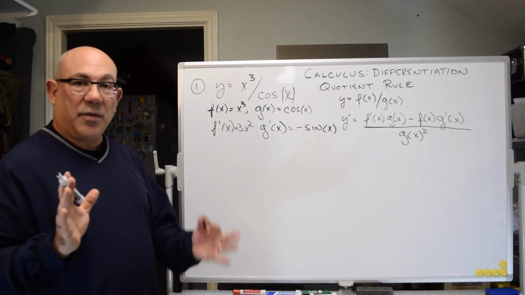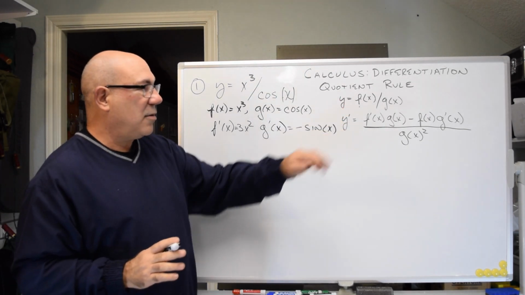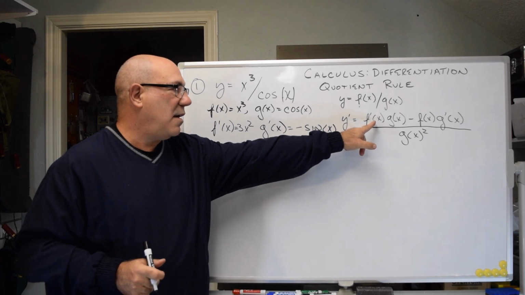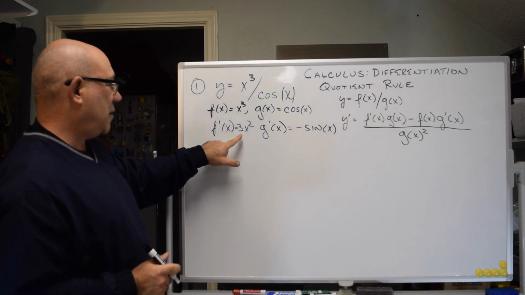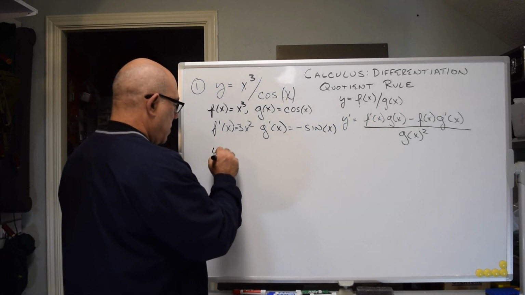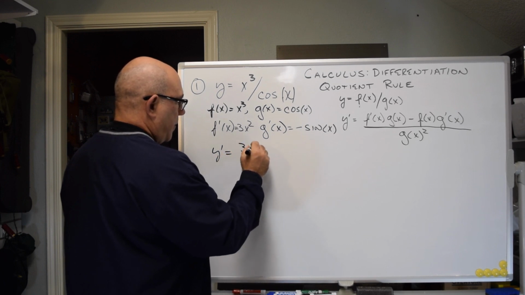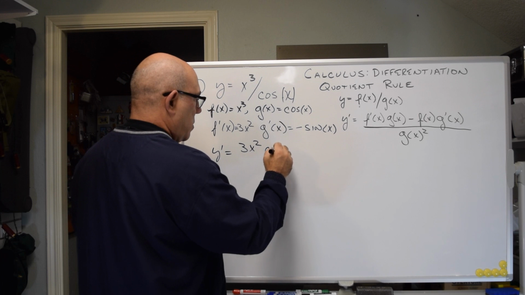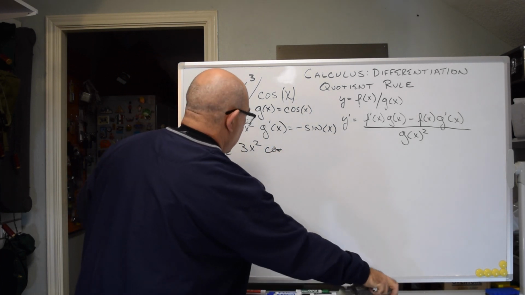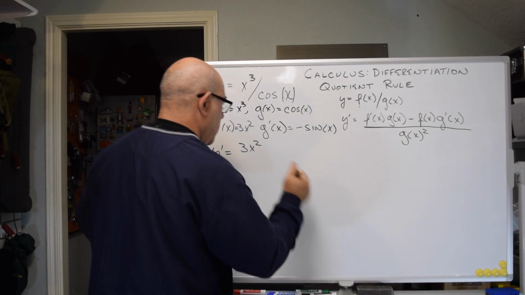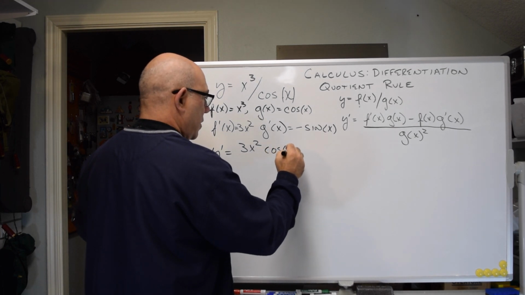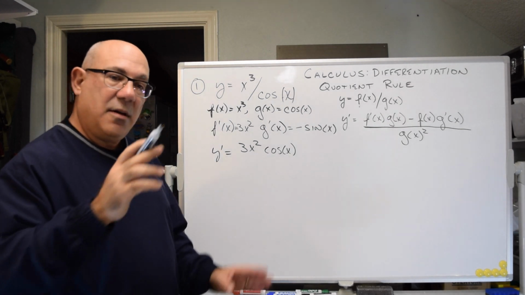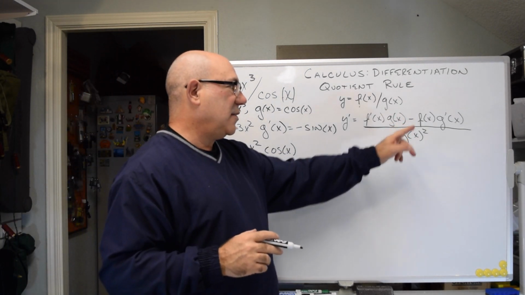Okay, now that we have all the parts, we have to plug them into our equation for the quotient rule. So what we have is f prime of x times g of x, so that'll be 3x squared times g of x, which is cosine x. Now minus. In the product rule we had a plus there, but in the quotient rule we have to do a minus on this part of it.